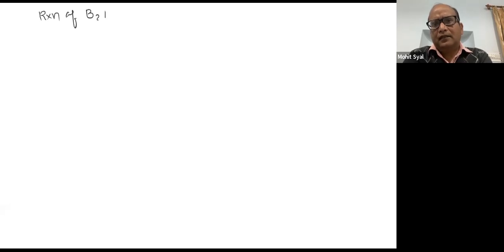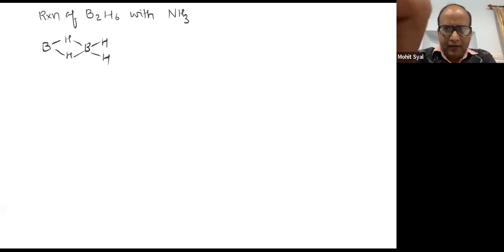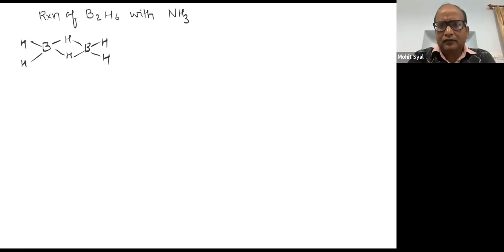So the next thing is the reaction of diborane B2H6 with NH3. The reaction is going to be very simple. We have this B2H6 molecule, I'm writing the structure so that we can understand, and I take two NH3 molecules.